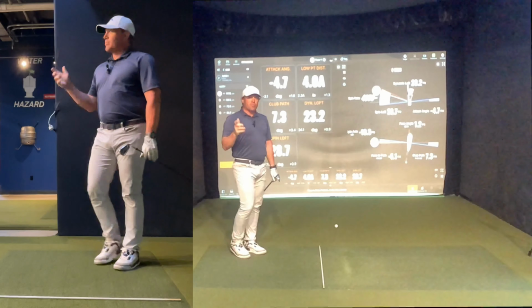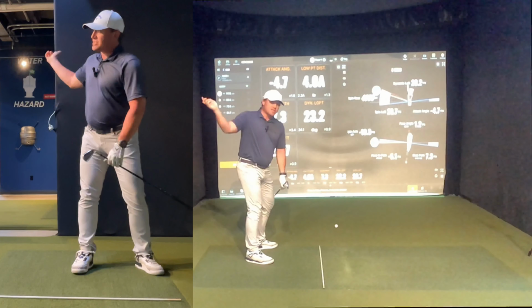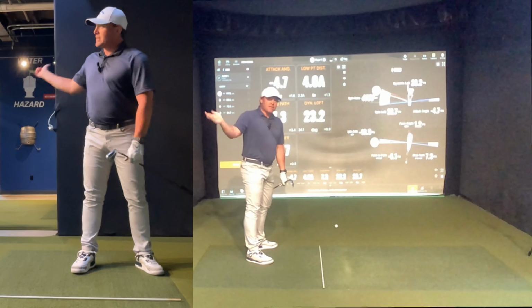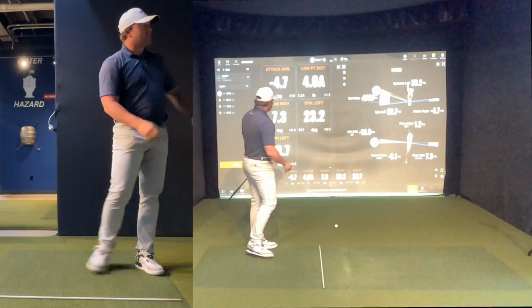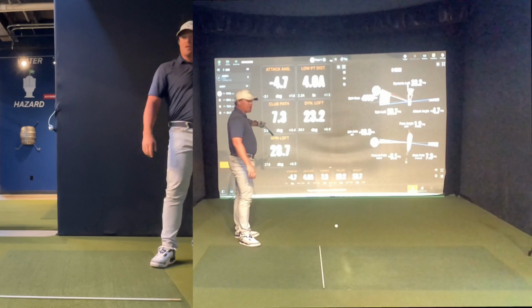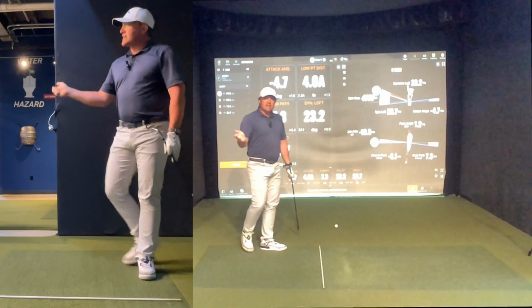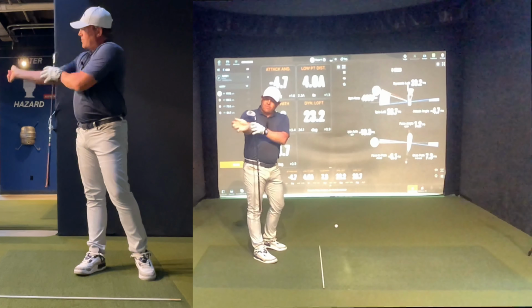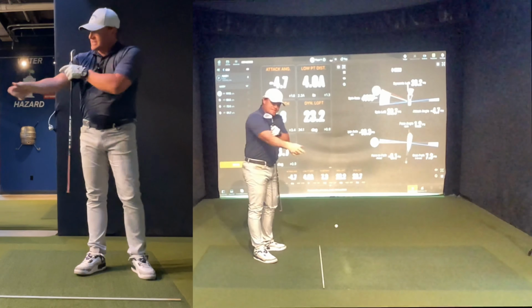So to compress the ball, it's not just attack angle and low point. That is a major key, but now we have to talk about club path and how that affects dynamic loft and spin loft. And that comes in the release. How you release it. Do you release taking this extension with this angle and releasing it like such?